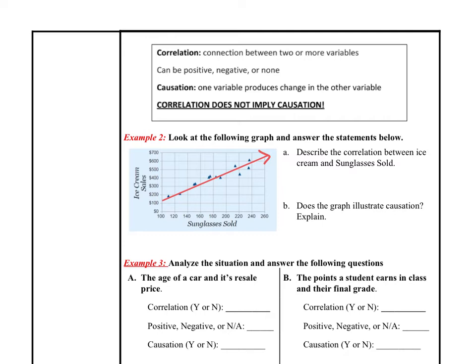This is to describe the correlation. The correlation has to be positive because it's a line that goes up. So anytime you're given a scatter plot and you're trying to figure out the correlation, I would draw a line. And that's because as sunglasses increase, so do the ice cream sales.